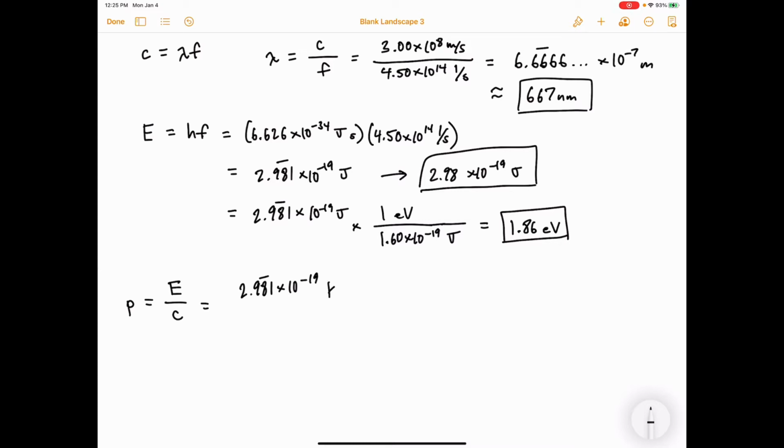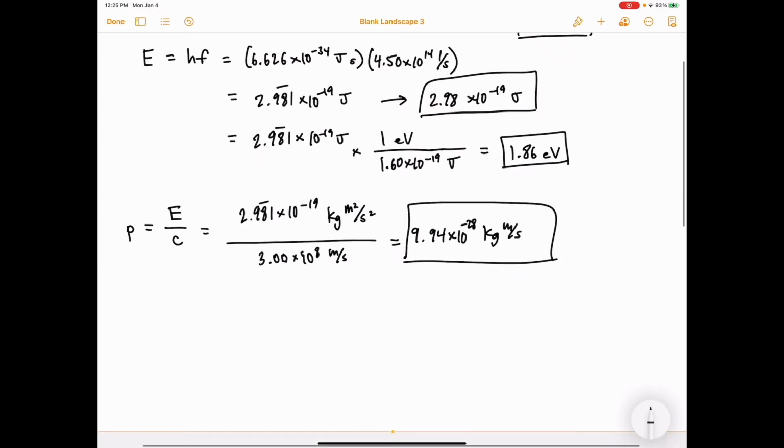But let's remember that a joule is a kilogram times a meter squared per second squared. That's equivalent to a joule. And c is 3.00 times 10 to the 8 meters per second. So basically, unit-wise, we're going to be left with kilograms on top, meters per second. And this works out to 9.94 times 10 to the minus 28 kilograms meters per second.